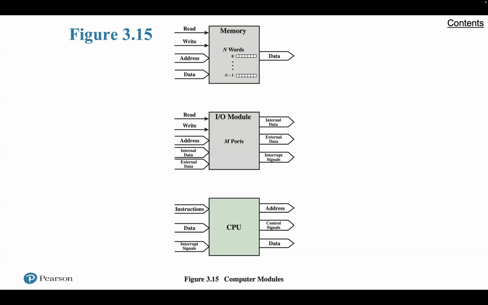In addition, there are external data paths for the input and output of data with the external device. Finally, an I/O module may be able to send interrupt signals to the processor. And finally, the third part, the processor. The processor reads in instructions and data, writes out data after processing, and uses control signals to control the overall operation of the system. It also receives interrupt signals.